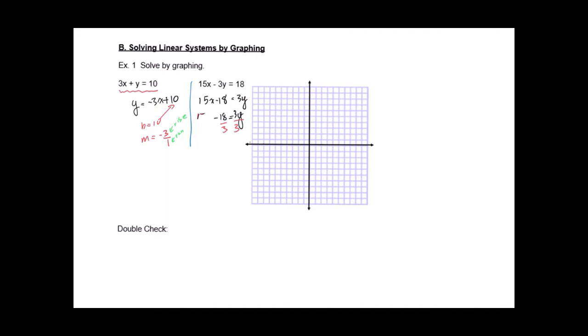So we end up with 5x minus 6 equals y. So our equation for our second line is y is equal to 5x minus 6.